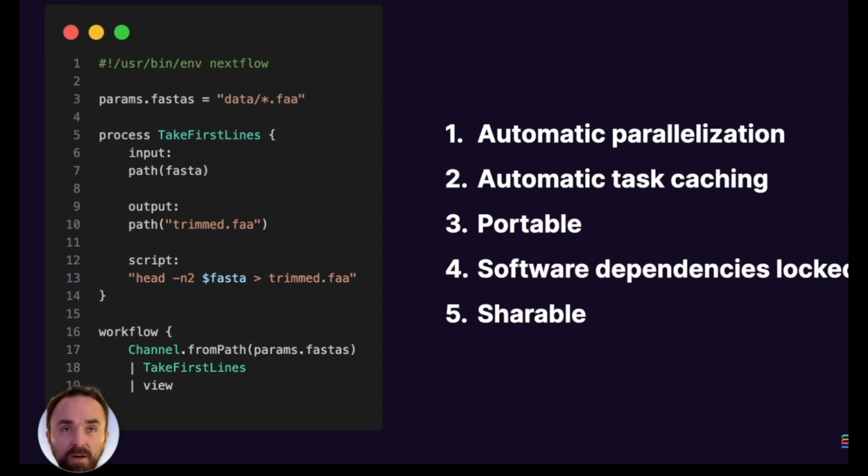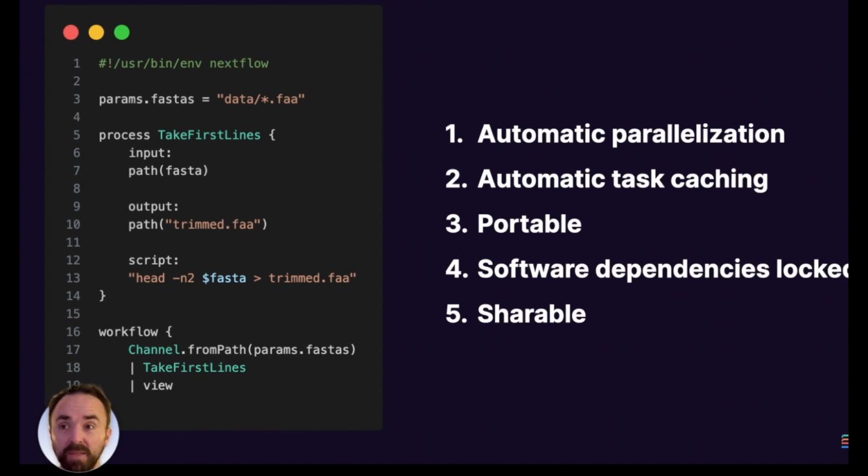So I never have to define the parallelization explicitly. I also get automatic task caching, as we said. If you would like to explore some parameter space or design a workflow iteratively, you can run the workflow, add a process at the end, so piece together a workflow piece by piece. And you can use the automatic task caching to ensure that if you don't need to recompute results, you won't.